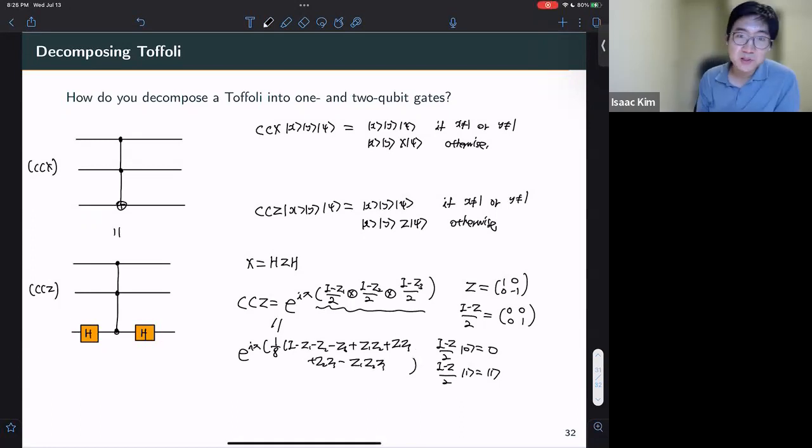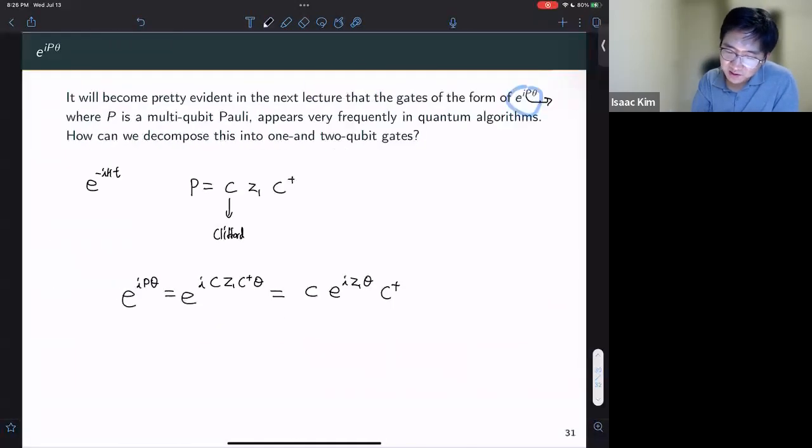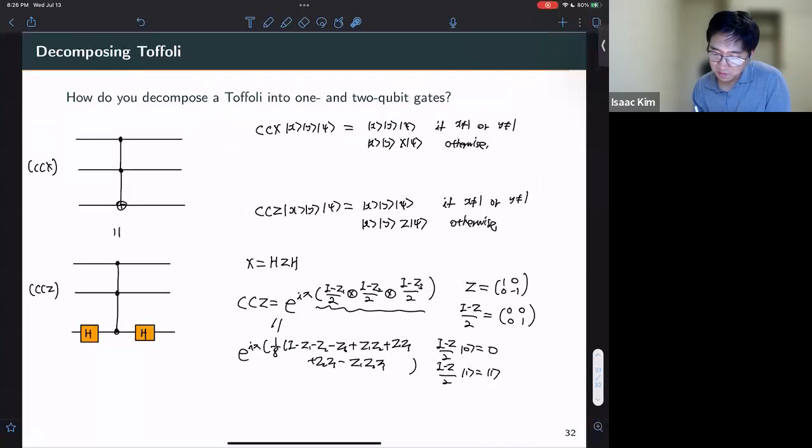And I already established how to decompose these exponentials of i theta times Pauli strings into 1 and 2 qubit gates. All these terms commute with each other, so you just re-express this as a multiplication of 1, 2, and 3 qubit gates. And the 3 qubit gates you can further decompose into 1 and 2 qubit gates. So that's how you actually end up getting the circuit decomposition that you can find on the internet.